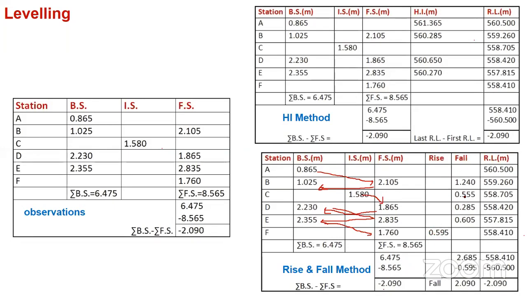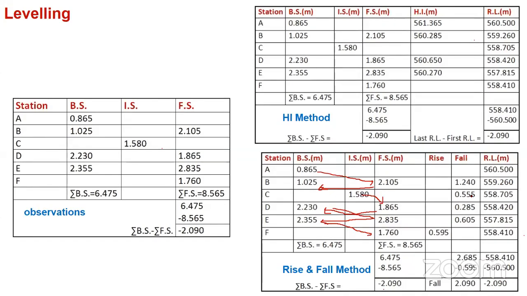Now to calculate the RL of the next point, what are you going to take? 560.5. This is the RL of the benchmark. RL of the benchmark minus fall. If it is a fall, you take minus. If it is a rise, you take a positive value. From the next value, 560.5 minus 1.24, you are going to get 559.260. 559.260 minus 0.555, what is the new RL you are going to get?